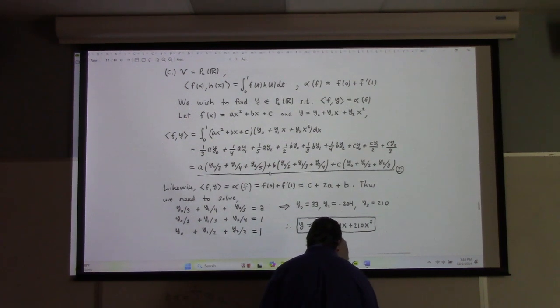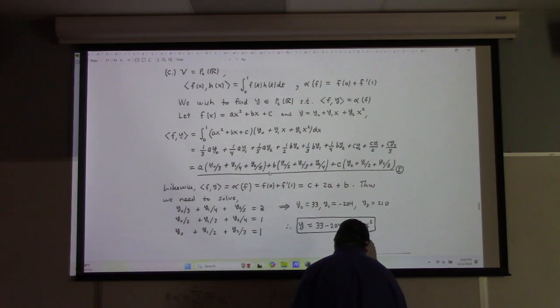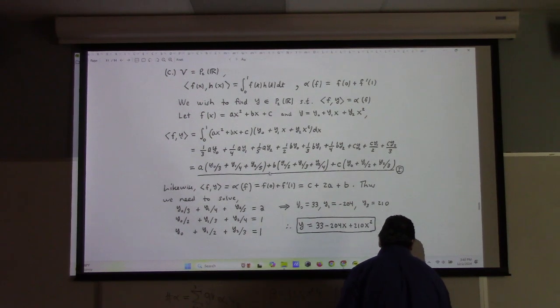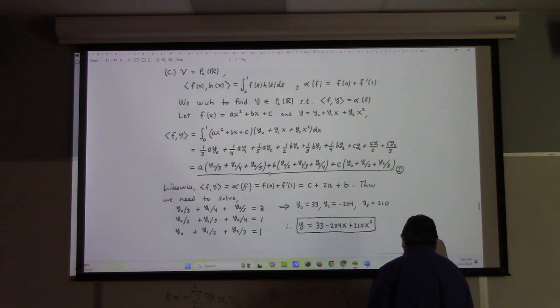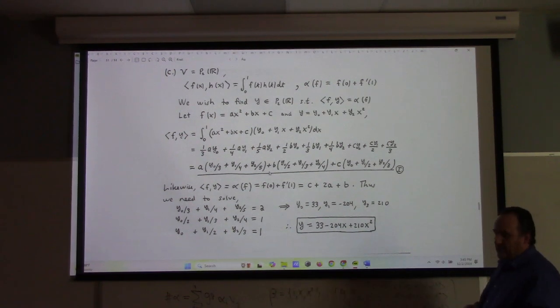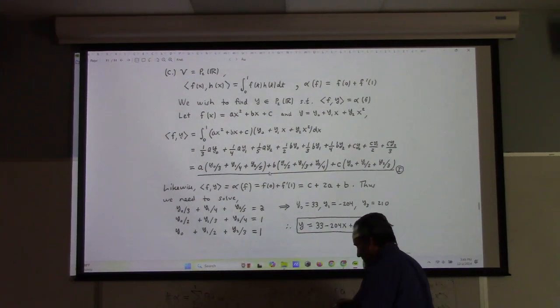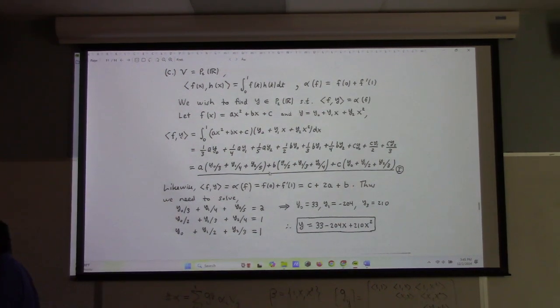So your g_ij is the matrix with the inner products of 1 and 1, 1 and x, 1 and x squared, x and x, x and x squared, x squared and x squared. The rest are duplicates. And I can calculate those pretty quickly.